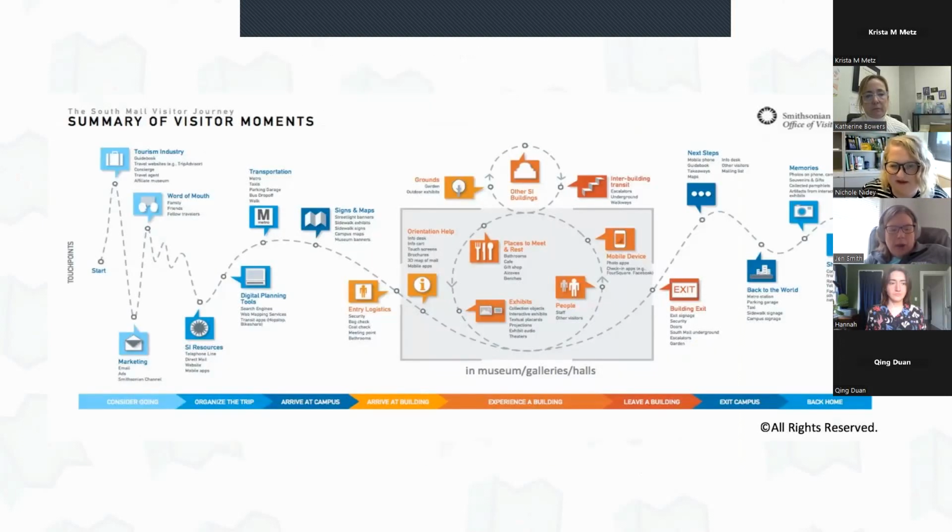This next map I really like because it's of a museum, and I enjoy museums a lot, and it's made by the Smithsonian, and it's looking at a summary of visitor moments at their South Mall. And so again, like the last map, it's very longitudinal. At the bottom, you can kind of see it says, consider going. And so we can see the different touch points and the different activities an individual does to be able to get to that museum all the way through when they get back home again.